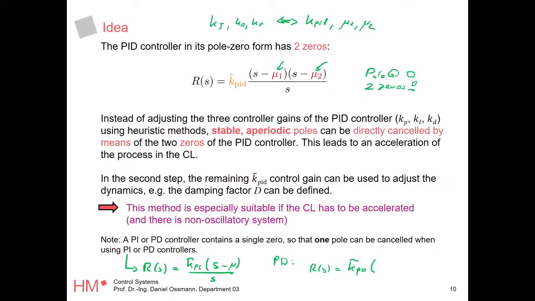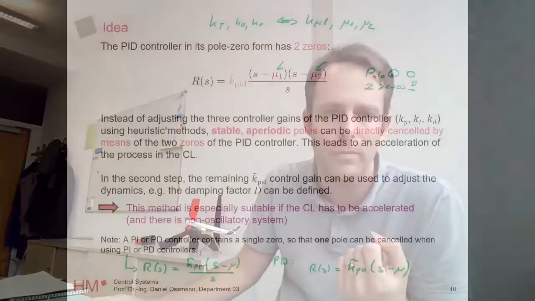This is also kind of clear, because we figured if we use a PI, it has some properties. If we want to accelerate our system more, we add another D term, right? So we use two zeros instead of one. This is the same thing we have covered this morning, just a different interpretation, so to say, because you have more zeros in your controller, and this is why your system gets faster in the closed loop.